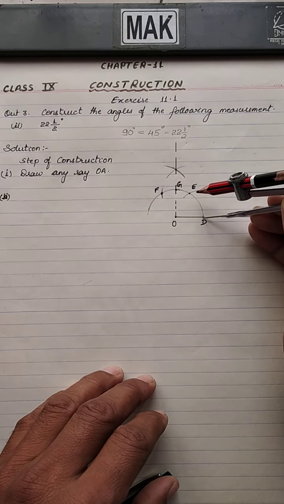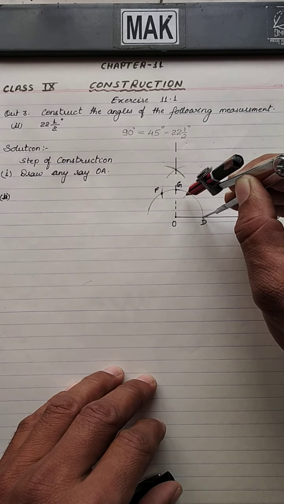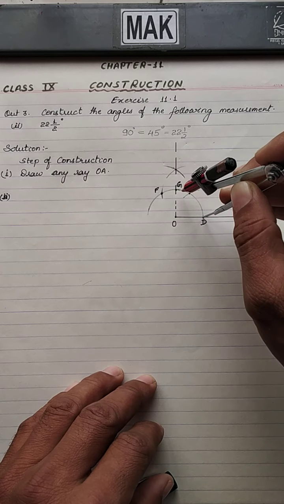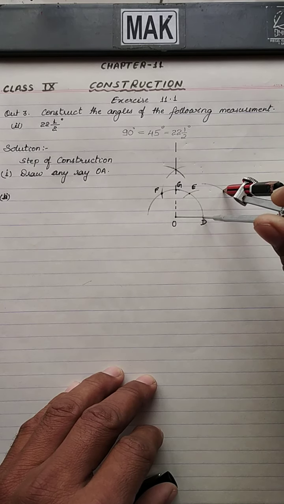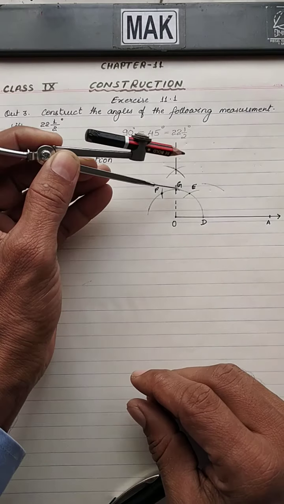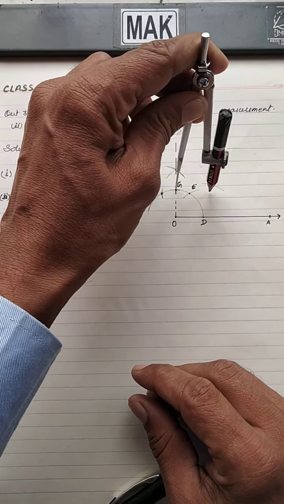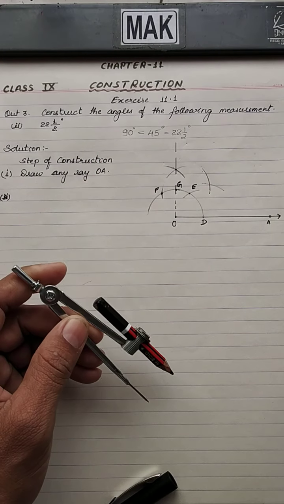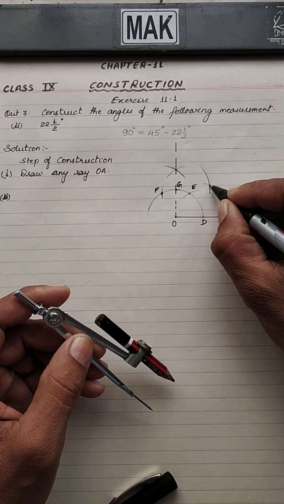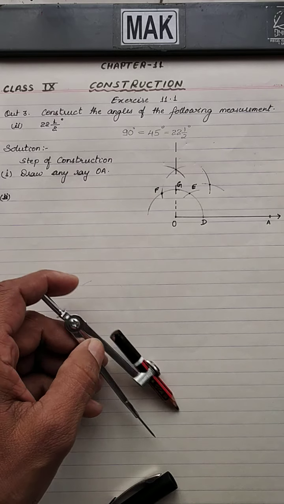Now you can see, taking D as a center with a radius more than half of DG, draw an arc here, and with the same radius taking G as a center, draw another arc here. So this point will be at 45 degrees.